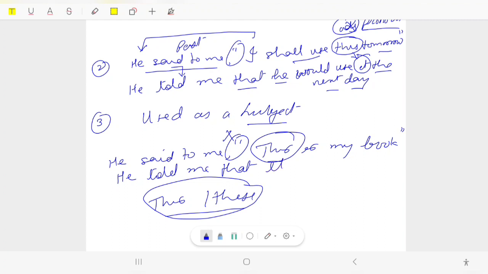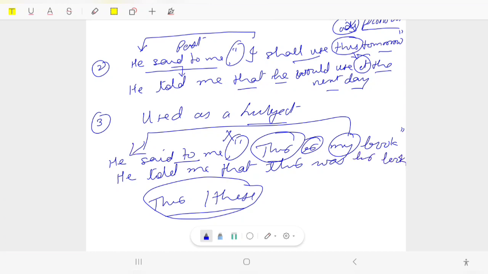"This," because it is in past tense, the tense will change. "That was" - first person changes according to the subject, "his book." He said to me, "This is my book," will change into "He told me that this was his book."